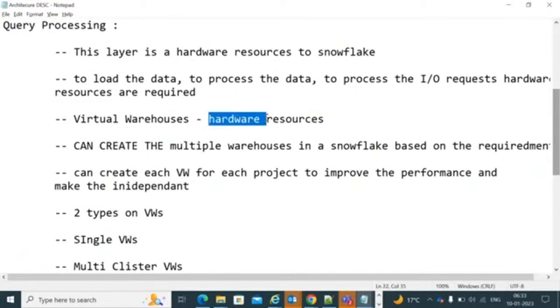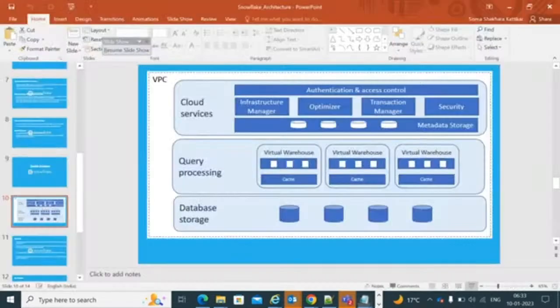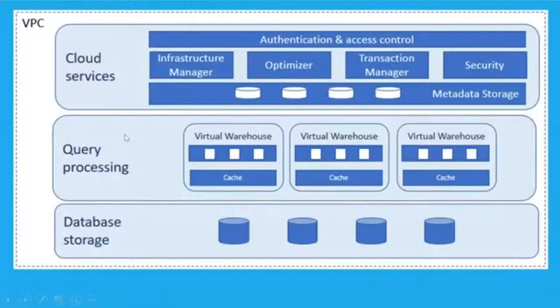See here, virtual warehouses or hardware resources can be created multiple times, right? Till here you are clear? See, this query processing layer is a virtual warehouse, which is a compute layer, and these are hardware resources for your Snowflake.